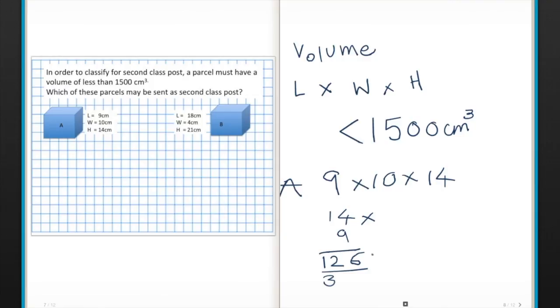And then I've got to times it by 10, remember. So let's just put a 0 on here. This one is 1260 centimetre cubed. Is that less than 1,500? It is, so that one can go. But let's just check the other one as well.